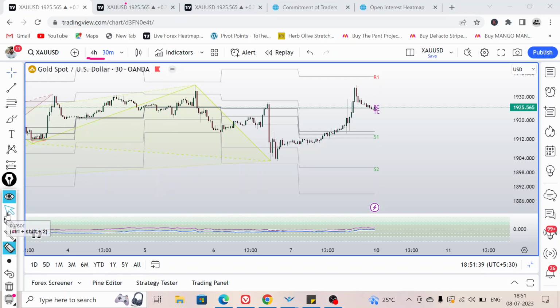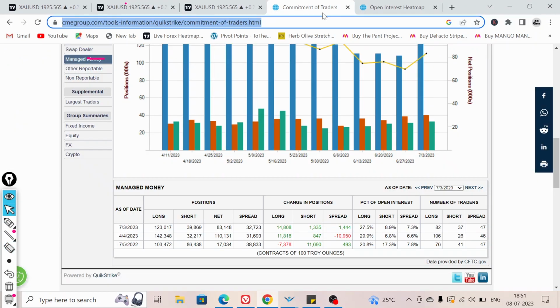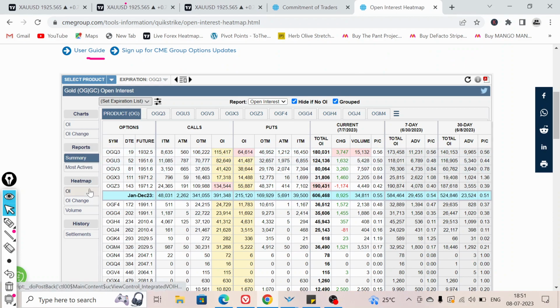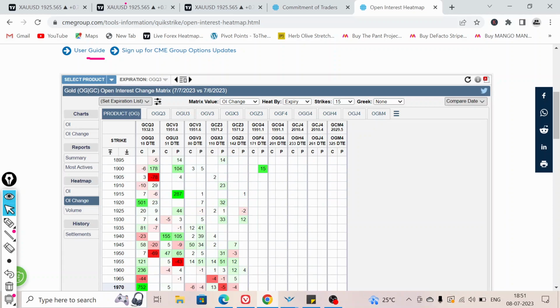So on the higher side, what we have to target and look at carefully, let me show you on OI change. Let it load.